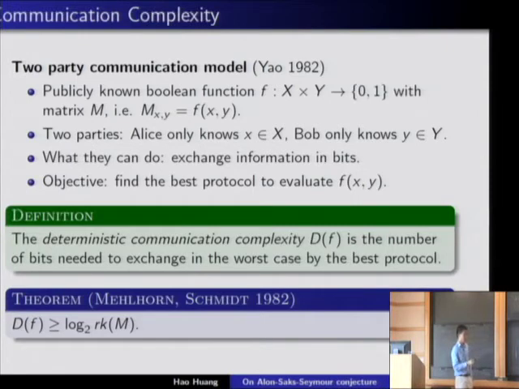So there was a theorem by Mehlhorn and Schmidt in the 80s. They showed that for any Boolean function f, the deterministic communication complexity of f is always at least log the rank of the matrix M. And actually, people believe that this lower bound is not very far away from the truth.